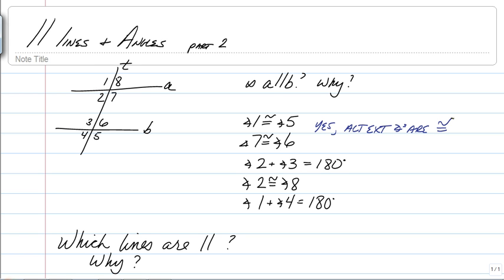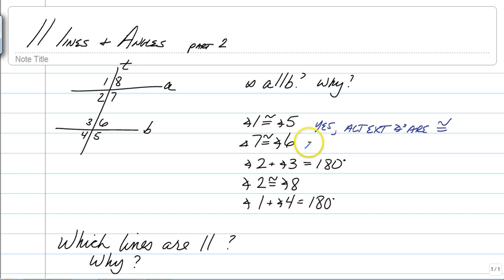So let me try the next one so you can get an idea of what I'm talking about. Angle 7 and angle 6 are congruent. So are A and B parallel? So 7 and 6 are same side interior, and they are not supplementary. Remember, same side interior angles are supposed to be supplementary, not congruent.